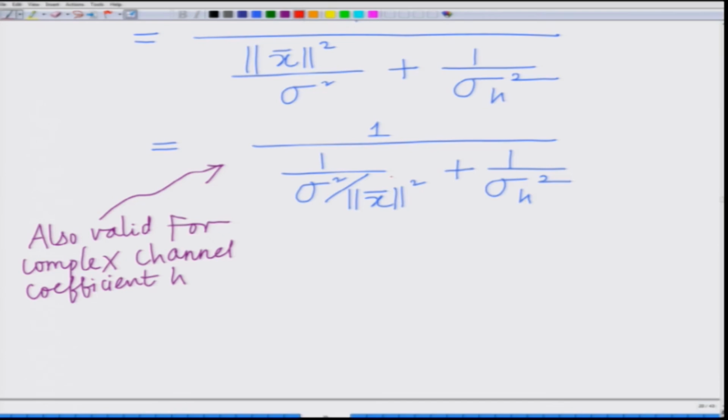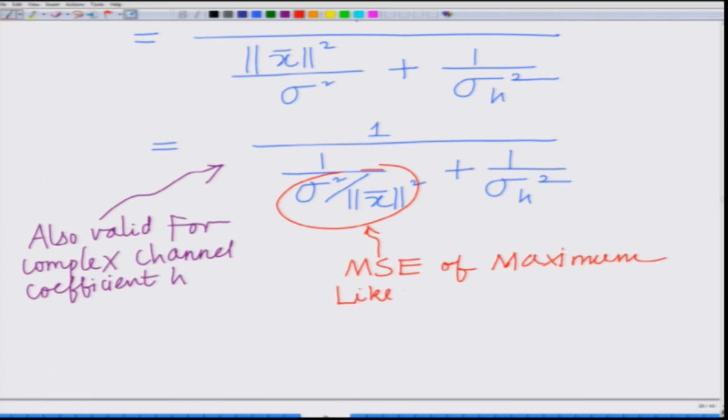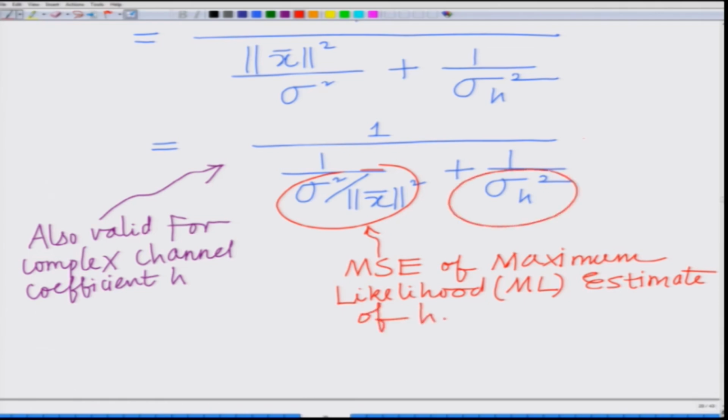And now you can see what this quantity is. Again, this quantity is the MSE, or mean square error, of the maximum likelihood or ML estimate, and this quantity is the variance of the prior, that is, h is a Gaussian channel coefficient with mean mu h and prior variance sigma h square. So, this is basically, now you can see, the harmonic mean.